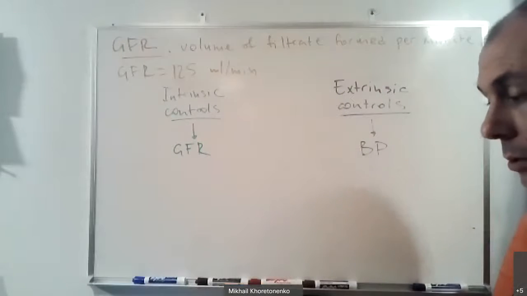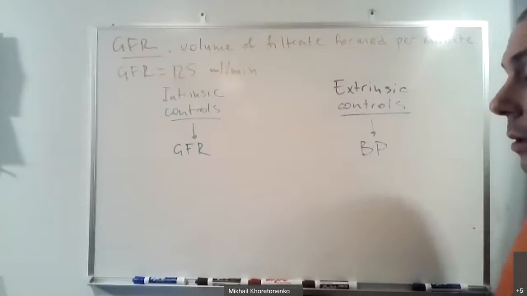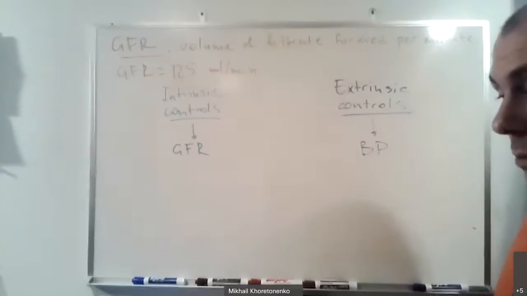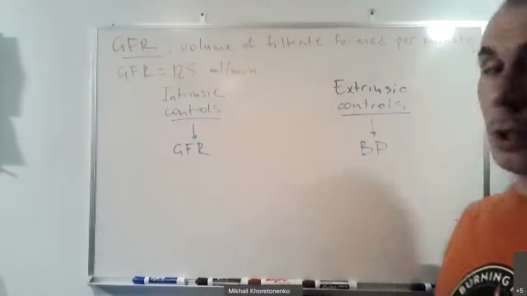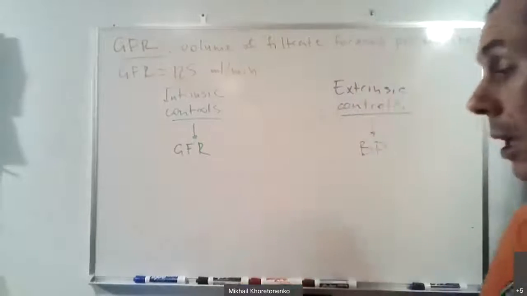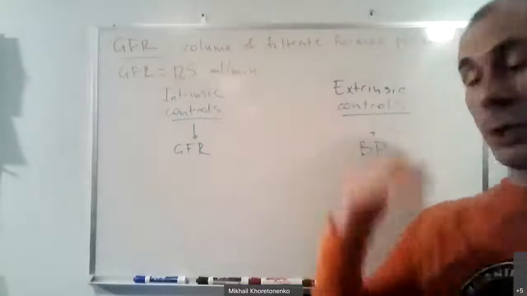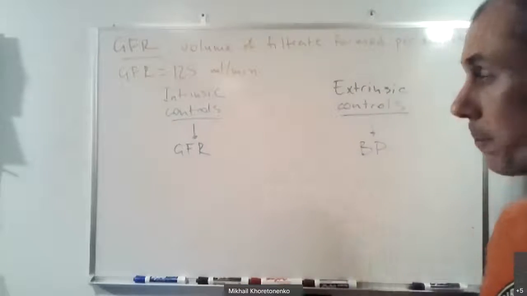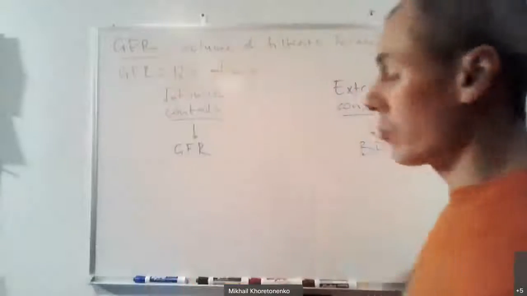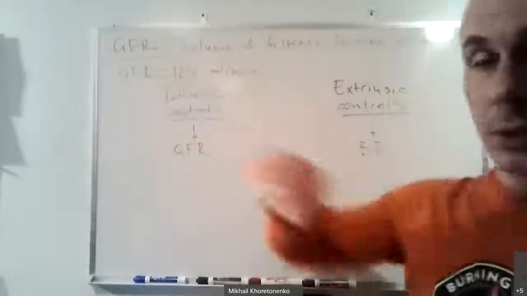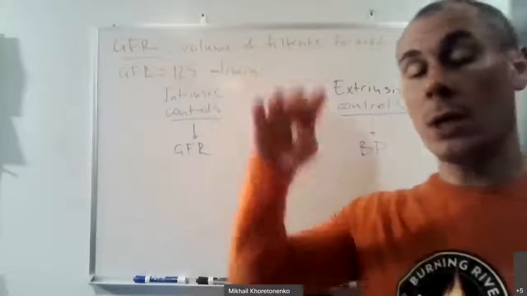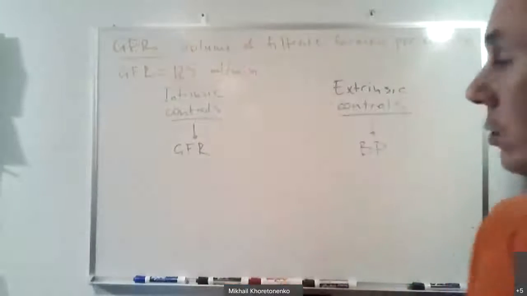So intrinsic controls are essential when everything is normal, when your blood pressure is normal. Now your blood pressure fluctuates, it changes a little bit from time to time, okay? And the role of intrinsic controls is to maintain the constant normal GFR amidst those slight changes.